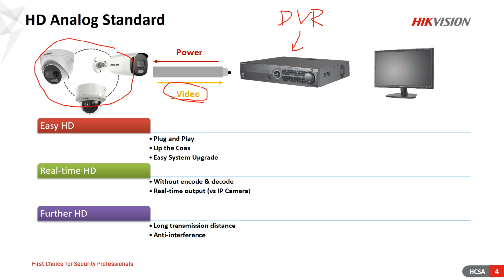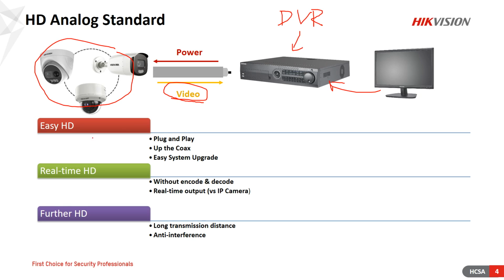And if you connect a monitor to the DVR, then you are able to see the videos coming from the camera. This is the whole analog system. And regarding the analog system, there are three big advantages that we have to talk about.